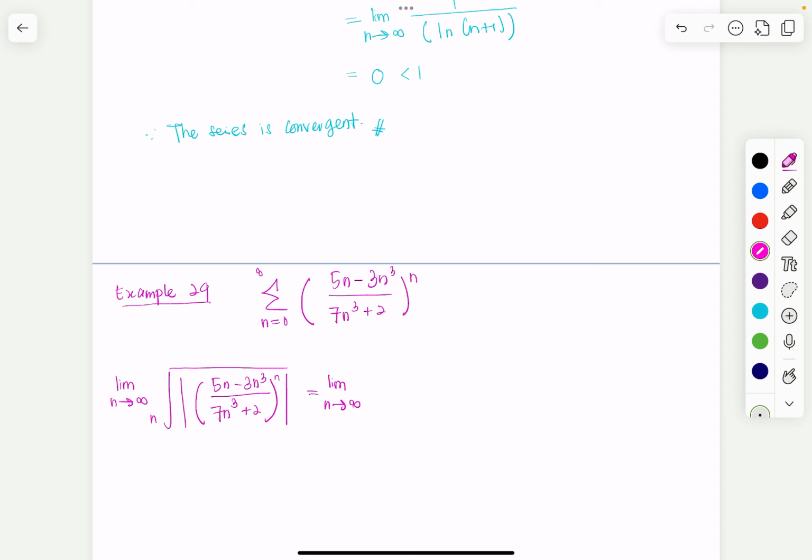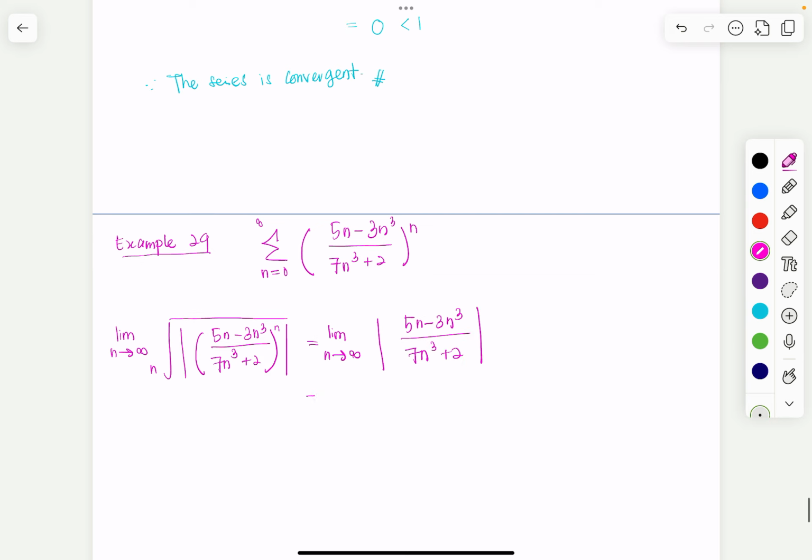So we have to the power of n and also the root of n, then we can cancel out. What's left is just 5n minus 3n cubed over 7n cubed plus 2. I do not remove the absolute because there is a minus here, so maybe it still needs the modulus.